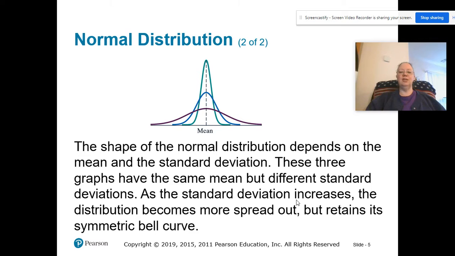As the standard deviation increases, the distribution becomes more spread out. So this one right here has a smaller standard deviation than this one right here. This one has a bigger standard deviation than this one.